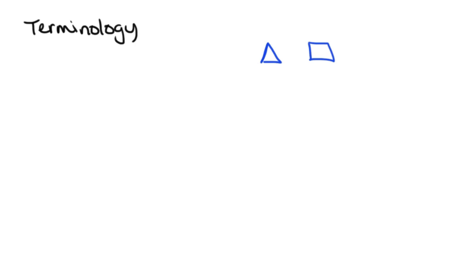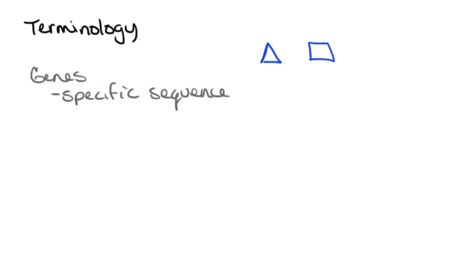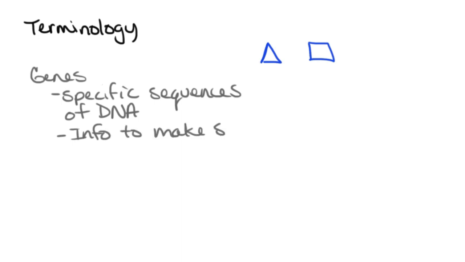So if we start with some basic terminology here, we do have what we will call genes. And those are really specific sequences of DNA. But as we talk about those specific sequences of DNA, really what these genes do is they are going to contain the information to make something in the cell.